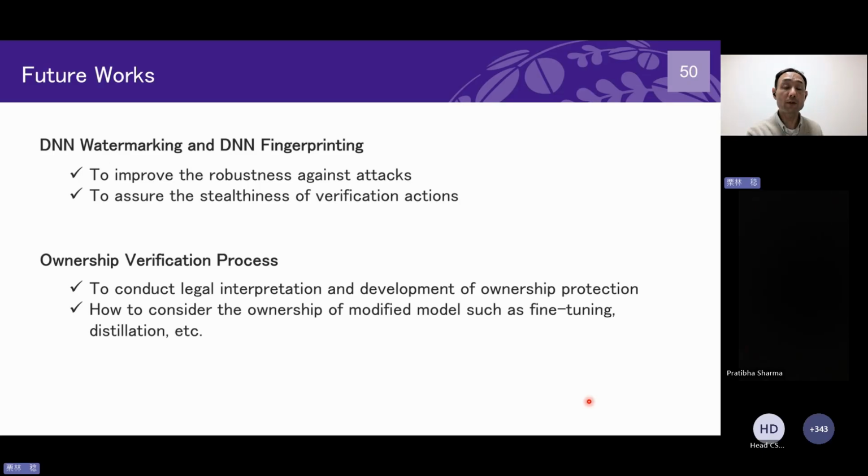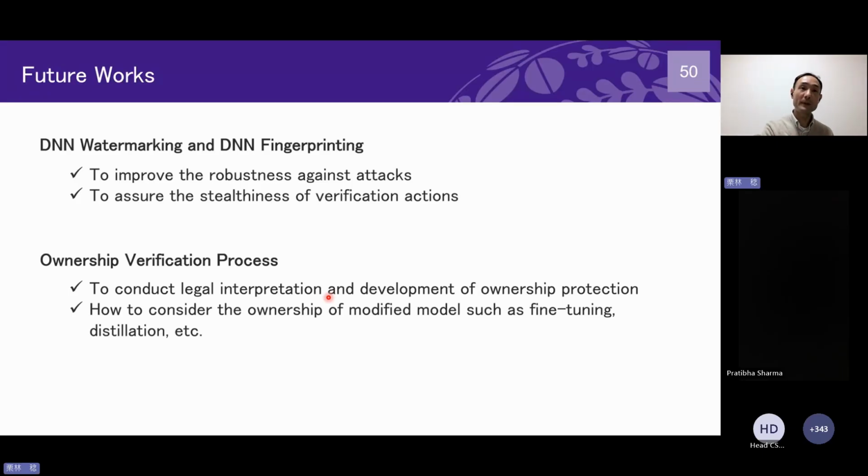Also some other requirements should be satisfied. And for the ownership verification process, legal interpretation and development of ownership protection are required. So, how to define the legal interpretation of the development of the ownership protection?